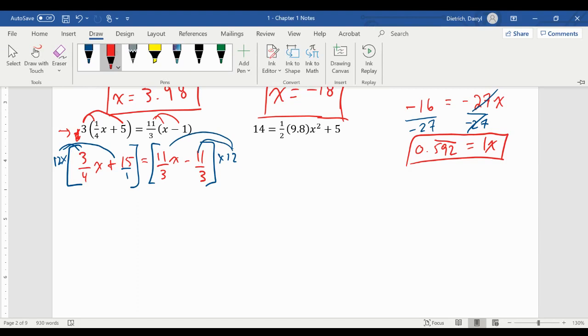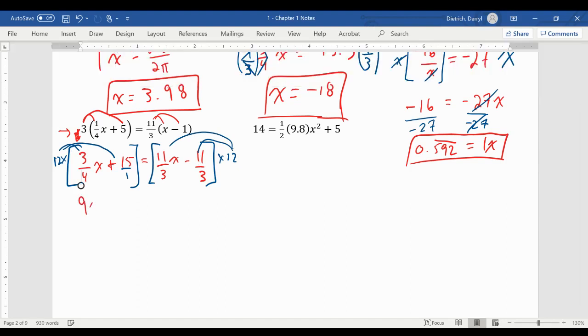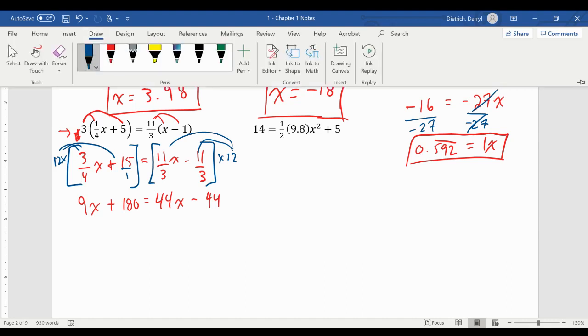Okay, so this is going to become 12 times 3 divided by 4 is 9x. Okay, plus 12 times 15 is 180. It's going to be equal to 12 times 11 over 3x is 44x. Okay, minus 44. My next step, I'm going to move the x's to the left and the numbers to the right.